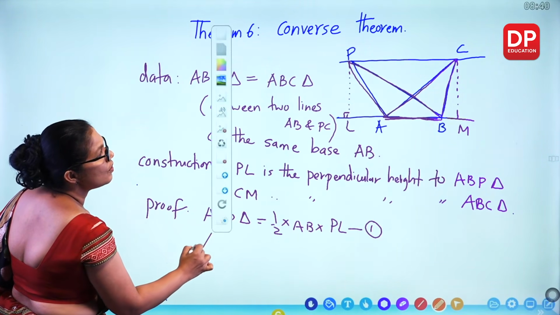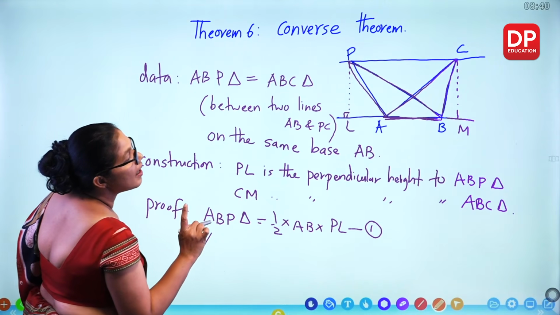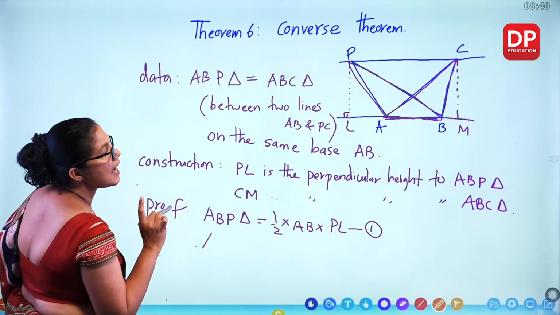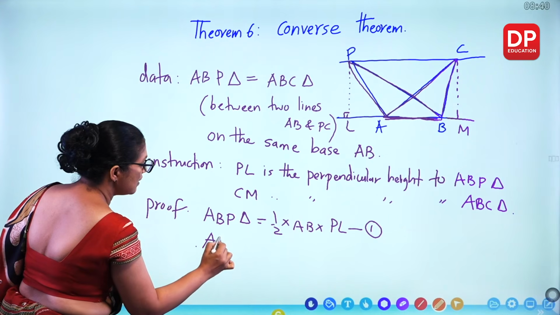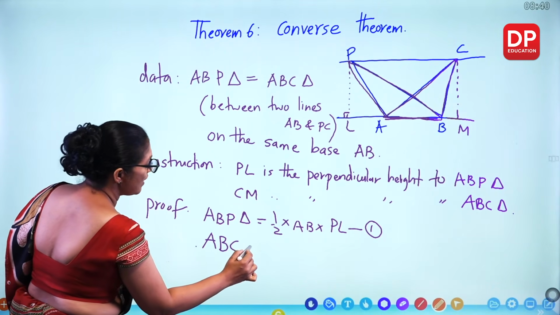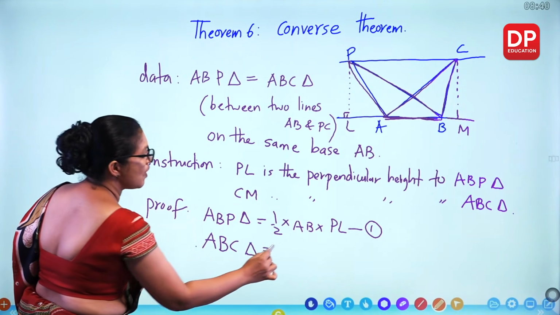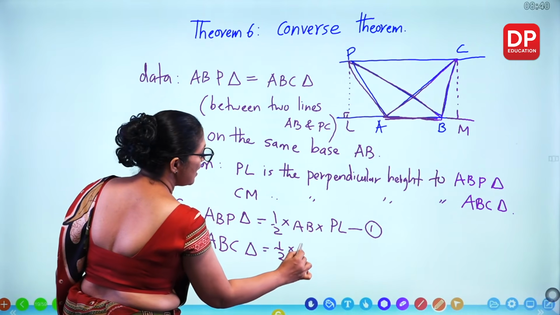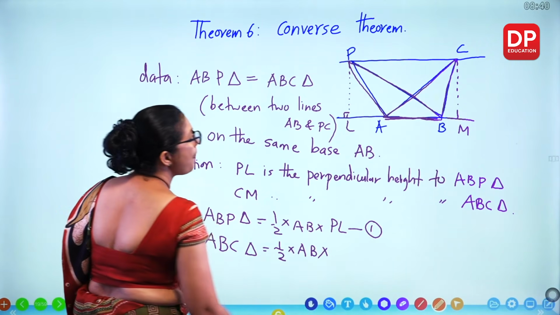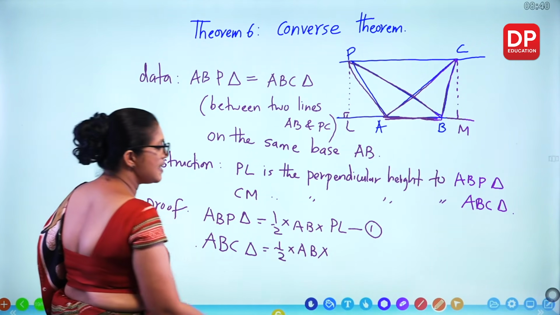Then when we take ABC triangle, what's the area of that one? Half times AB times perpendicular height is CM.